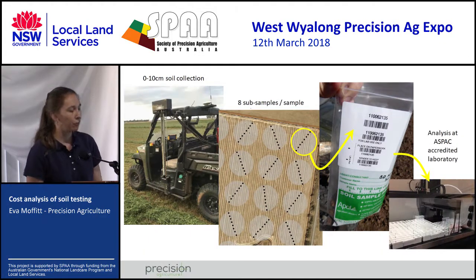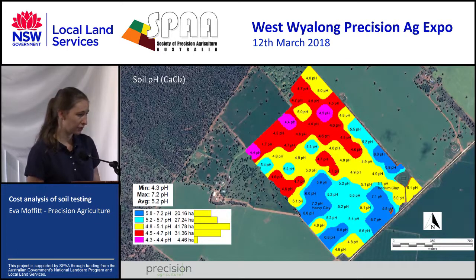We use APAL Ag Laboratory in Adelaide, and we have quite a good relationship with APAL, and they're set up to take bulk soil samples and fit what we do basically. We take the soil samples, and 2 to 3 weeks later we get our results and we map those up.